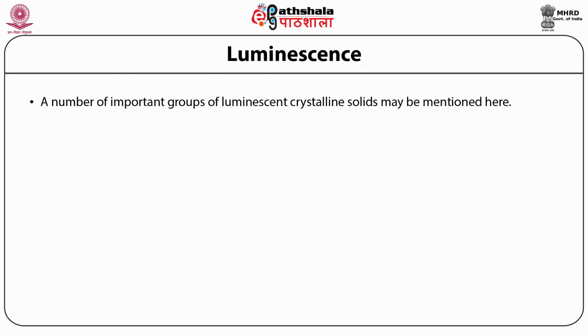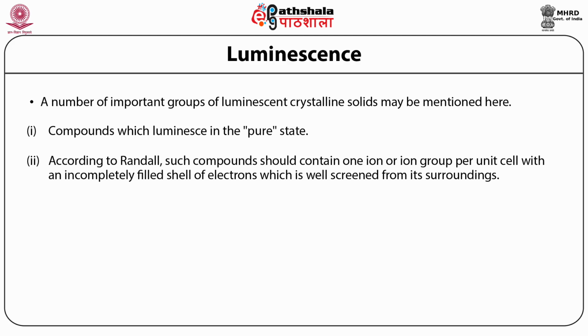A number of important groups of luminescent crystalline solids may be mentioned here. Number 1: compounds which luminesce in the pure state. According to Randall, such compounds should contain one ion or ion group per unit cell with an incompletely filled shell of electrons, which is well screened from its surroundings.